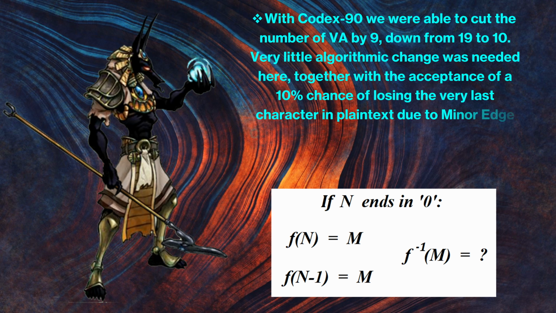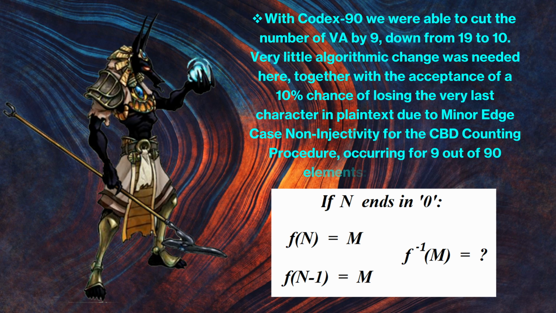Very little algorithmic change was needed here, together with the acceptance of a 10% chance of losing the very last character in plain text, due to minor edge case non-injectivity for the CBD counting procedure, occurring for 9 out of 90 elements, 10, 20, 30, up to 90.